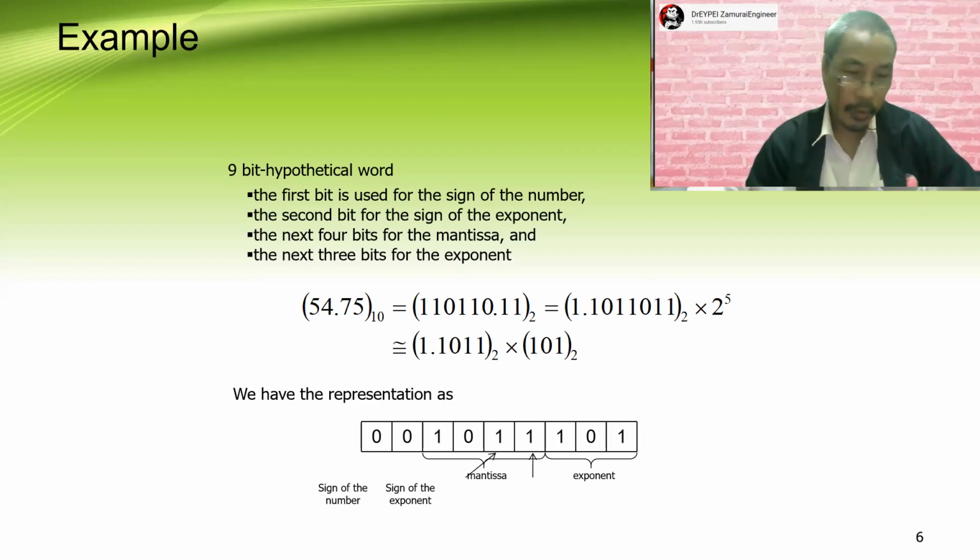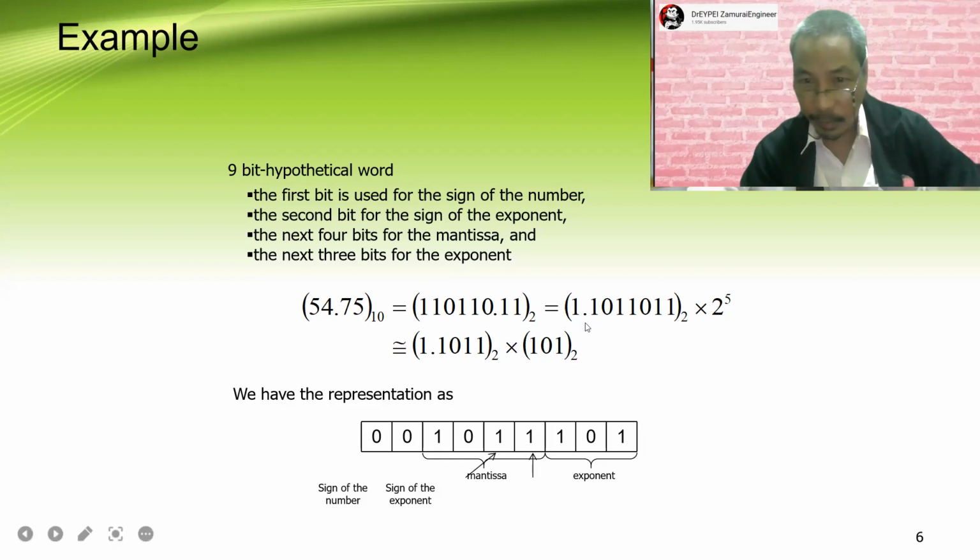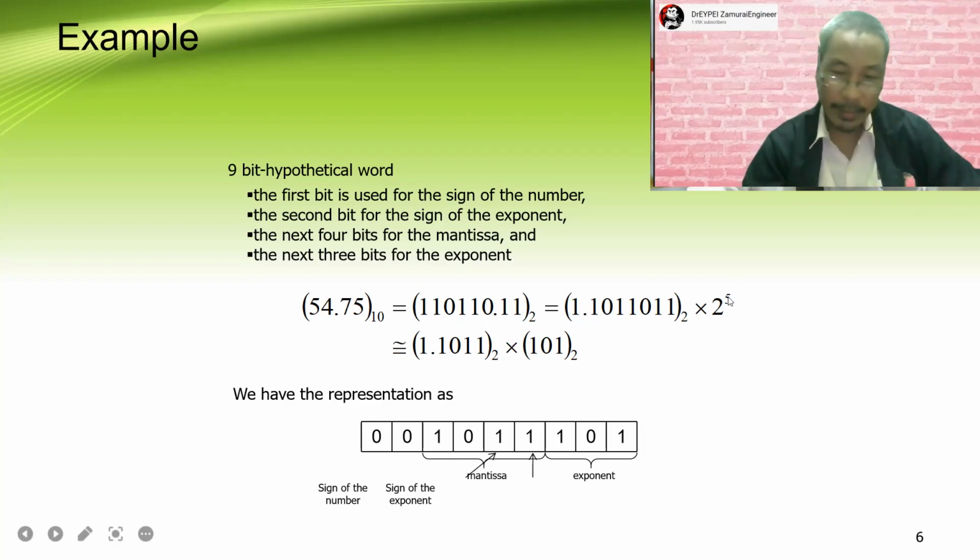We did confirm that our answer is correct. 0.75 is equal to 0.11. Okay? And therefore, you have to convert this into scientific notation like this. Scientific notation. How many digits? 1, 2, 3, 4, 5. That's why the exponent is 5 here.